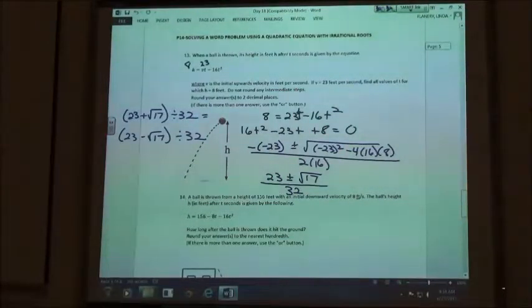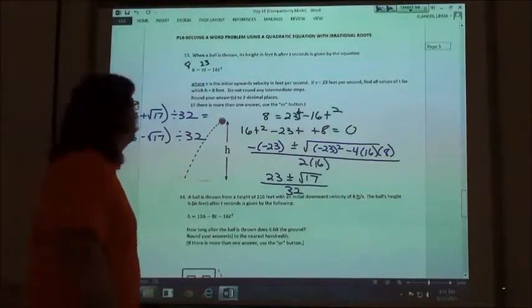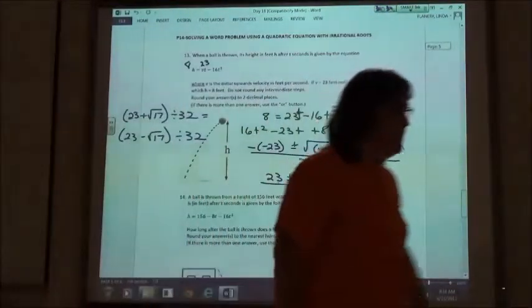Punch that into your calculator, you get .12. So that rounded would be what? 3.